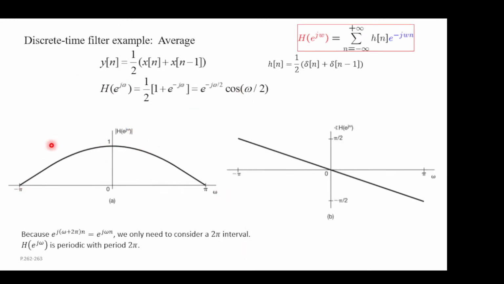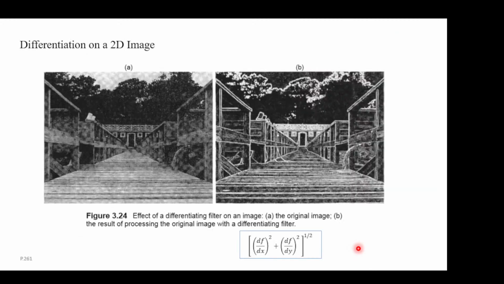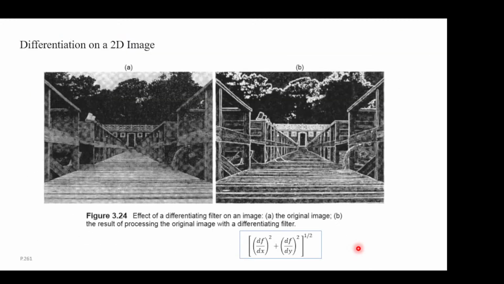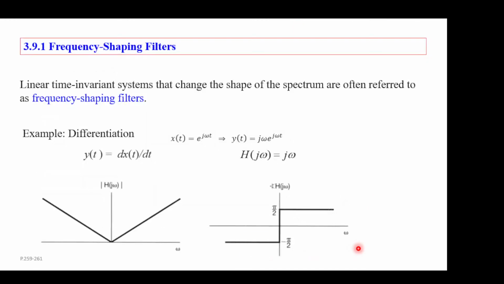And in the frequency domain, that means that you are getting rid of all the high frequency components and picking out the low frequency components. Okay, so those are the averaging system and the edge picking system.